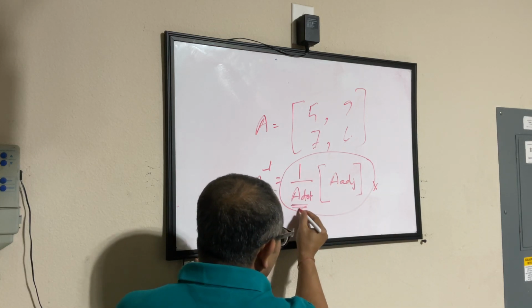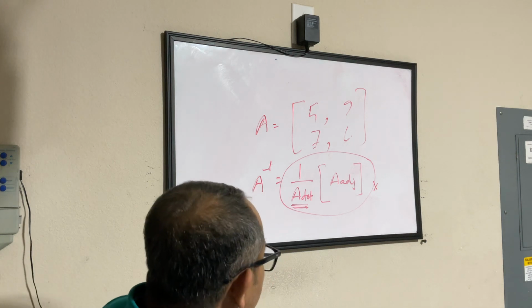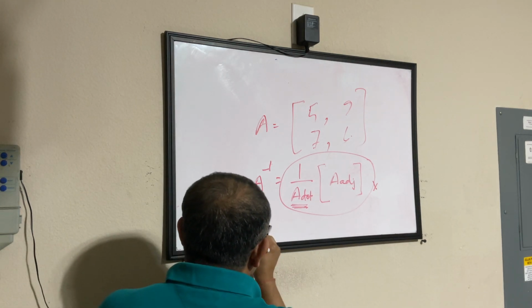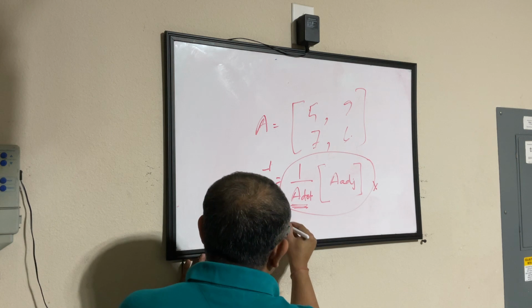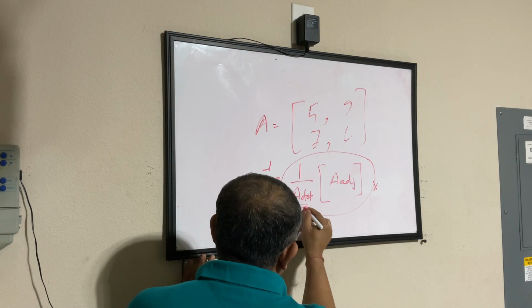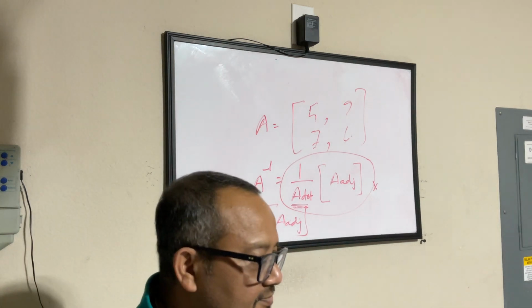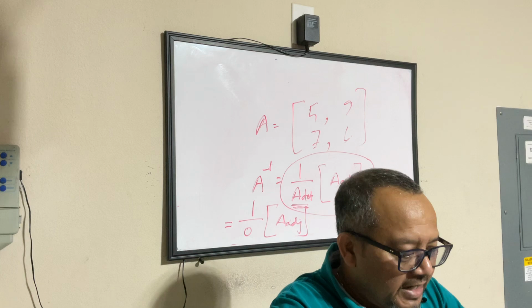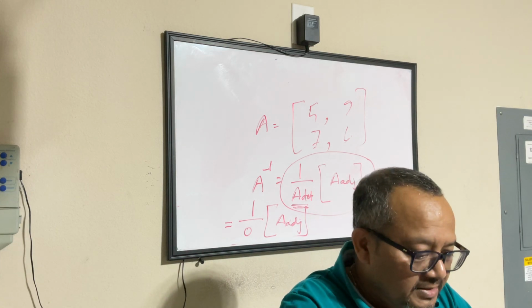When the determinant goes for a toss. If you ever have to divide 1 by 0 multiplied by the adjoint of a matrix, that is when you are talking about an undefined state.